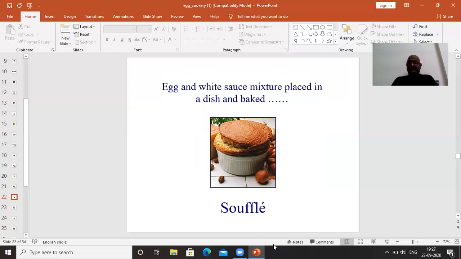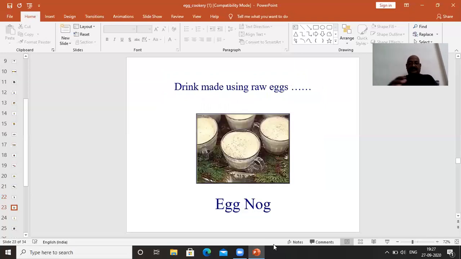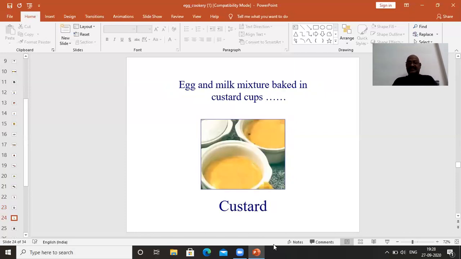That is what we use in the bakery for the souffle. Or eggnog. Sometimes we make some drinks also using raw eggs. Some people believe that raw egg is stronger and healthier. With raw eggs, we make a drink called eggnog. Custard.